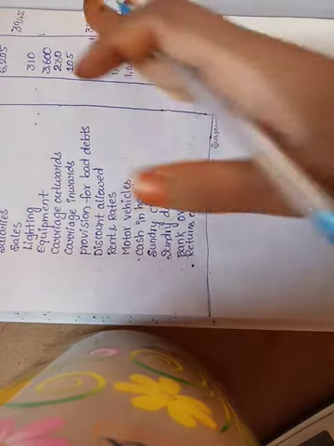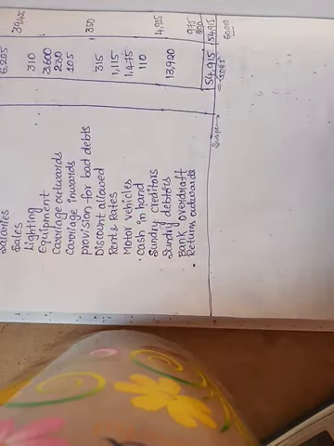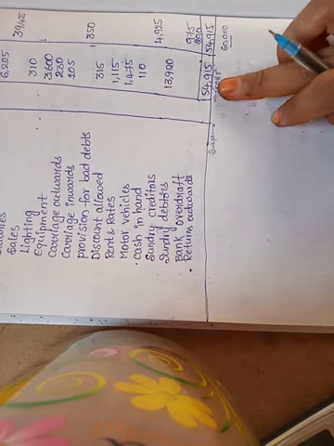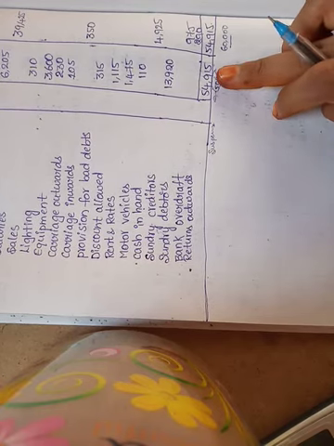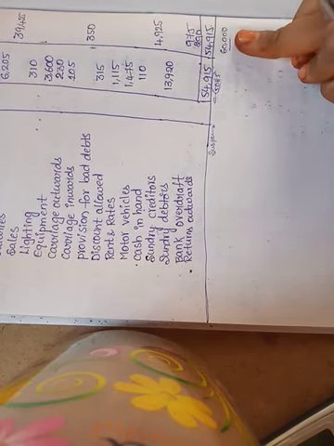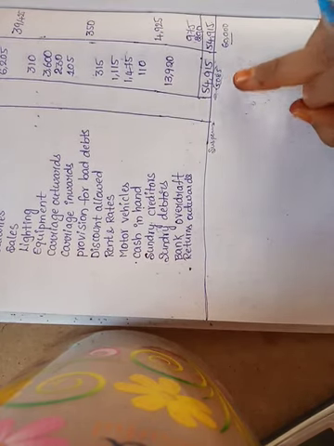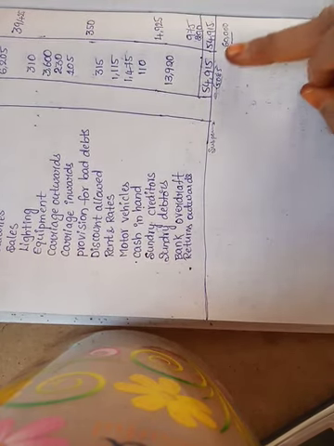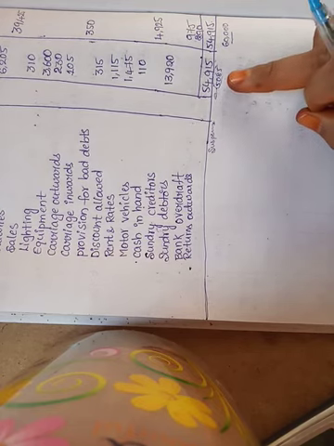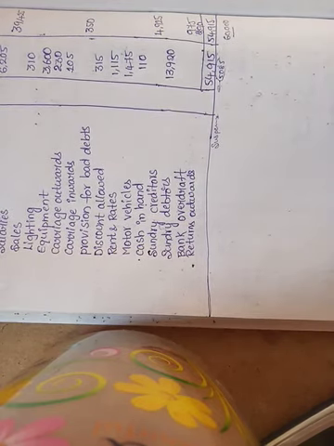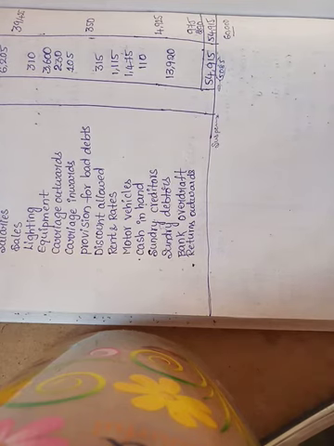In another example, suppose the debit side is 54,915 and the credit side is 60,000. The difference amount is 5,085. This difference amount is transferred to an account known as a suspense account.